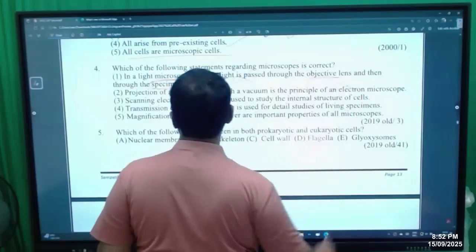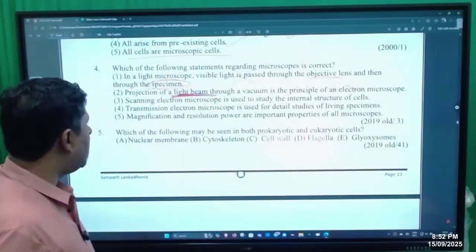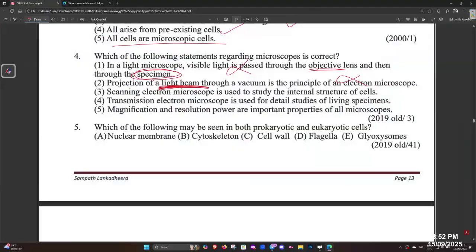Statement 3: scanning electron microscope is used to study internal structure of the cell. Is that correct, or is it the surface details? What do you say about that, people? Yes, surface details, so that's wrong.